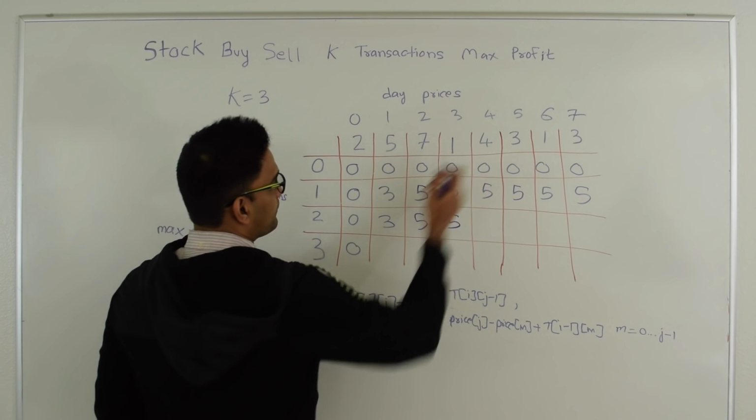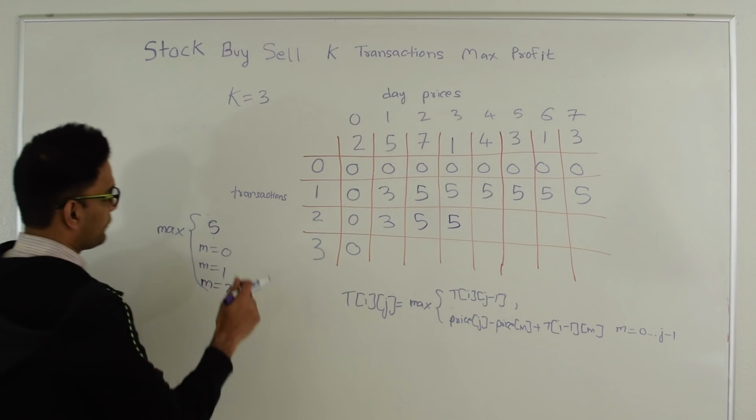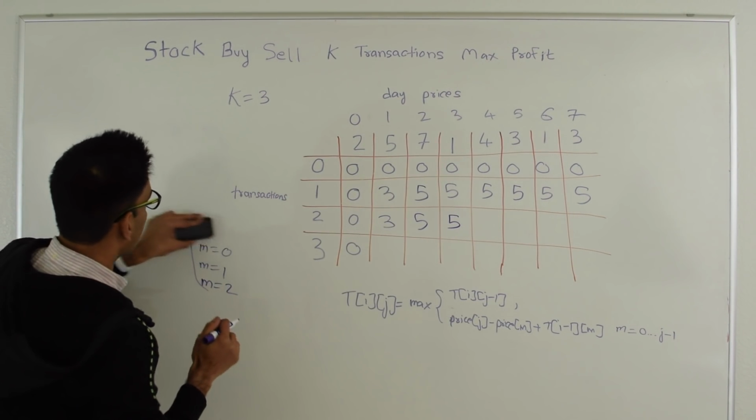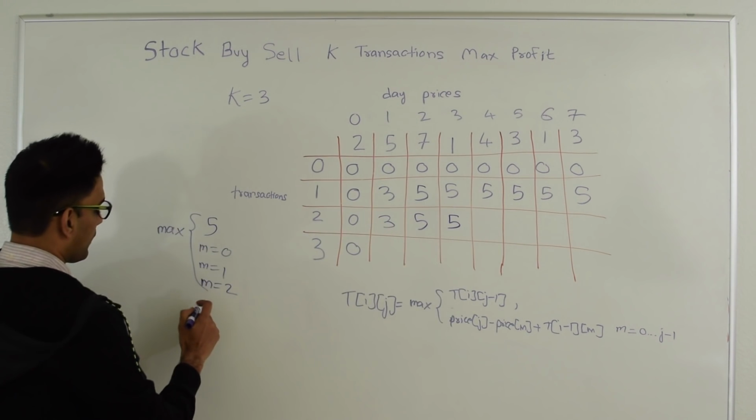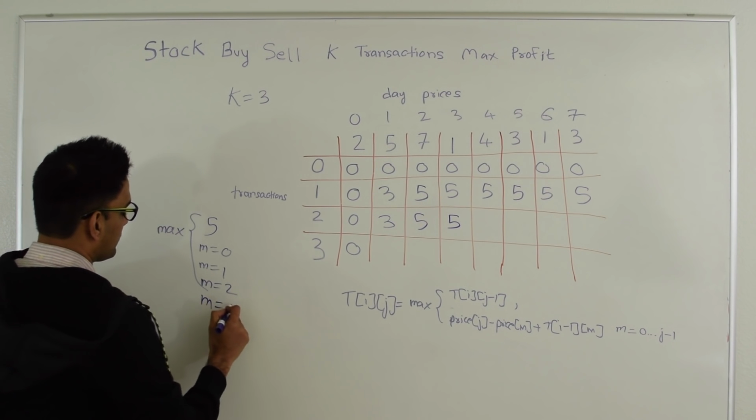Okay, let's pick one, day 4. So with day 4, either the best you can do by not transacting at all at the day 4, so that value is 5, or M going from 0 till 3.